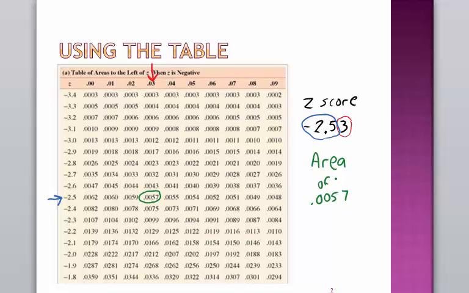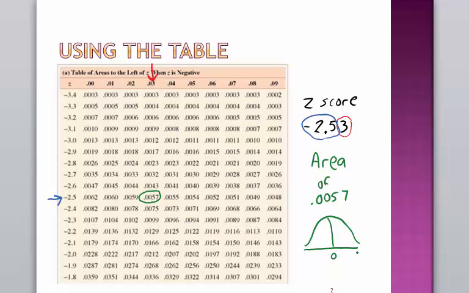Now it's worth noting that this table gives the areas to the left of the z-score that you look up. So if you have a normal curve and you have marked off negative 2.53, your zero line is going to sit right in the middle. So negative 2.53 is going to be somewhere to the left since it's a negative number. This axis on the bottom works kind of like a number line.